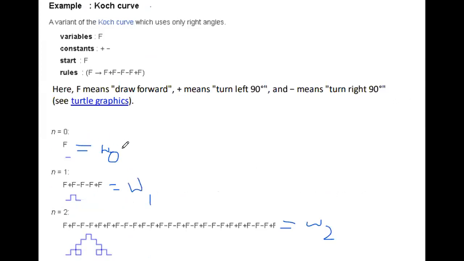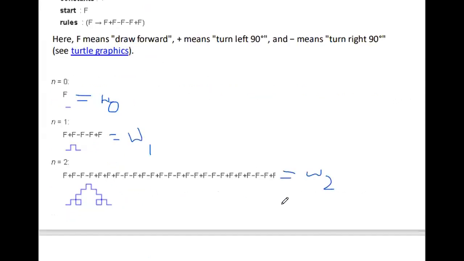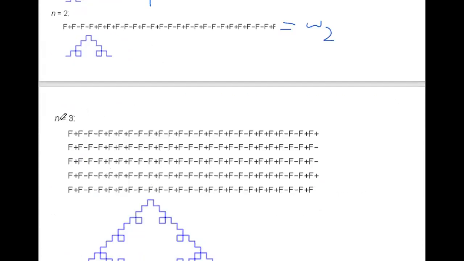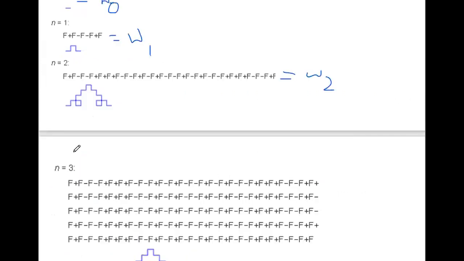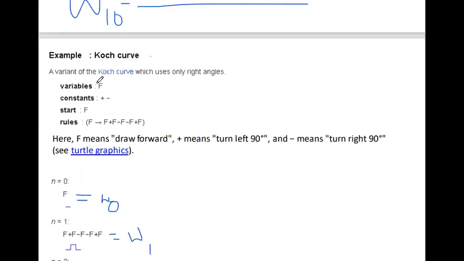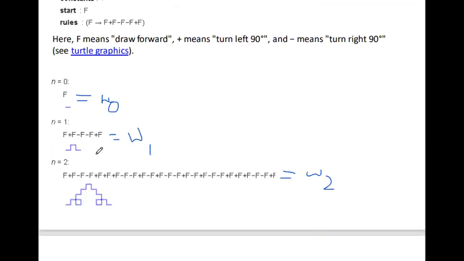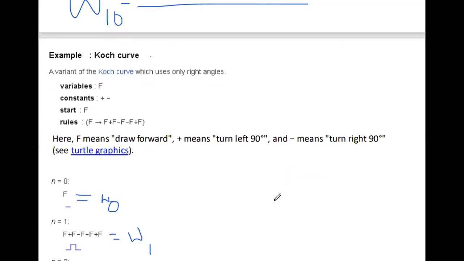This is the initial word, the first iterative word, and this is the second iterative word, or second rewrite. How do you visualize these words? Is there a way? Yes, there is. If you define these symbols meaningfully, you can visualize these words.